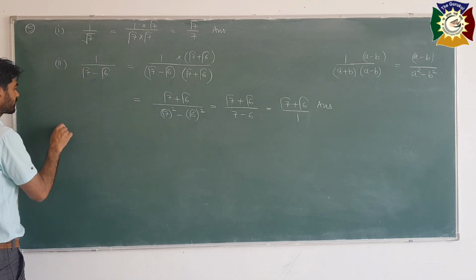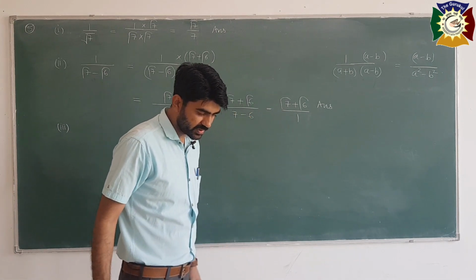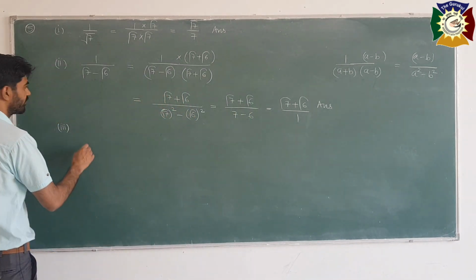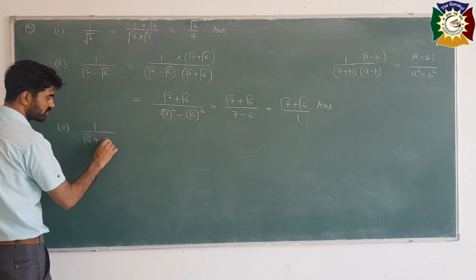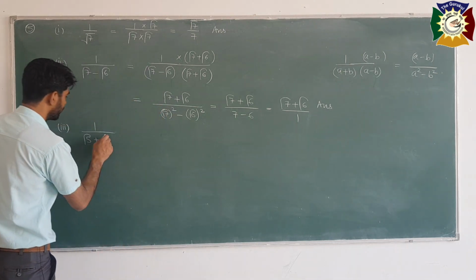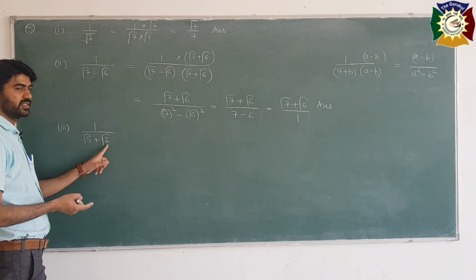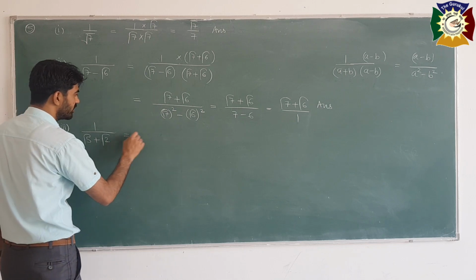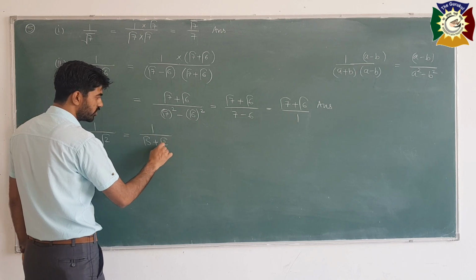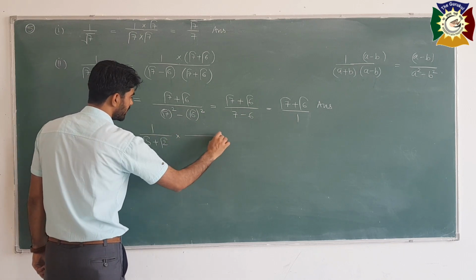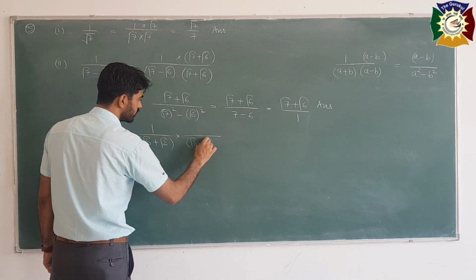Third part. What is part 3? 1 over root 5 plus root 2. Again a plus b is given. Now we will multiply by a minus b. It can be written as 1 upon root 5 plus root 2. So multiply and divide by root 5 minus root 2.